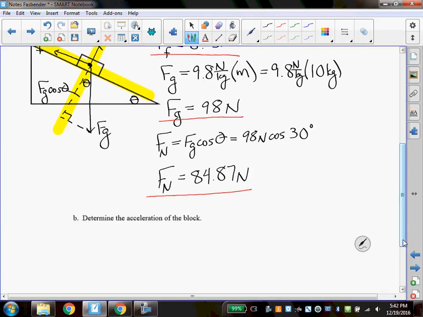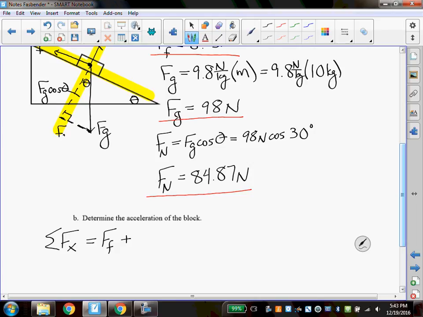If I know anything about blocks and ramps, blocks seem to always want to go down ramps. So first we're going to write a net force equation, summing all of the forces in the x direction for this ramp, so any forces that are parallel to the ramp. Parallel to the ramp, there is the force of friction, because that is pointed up the ramp, and also this parallel component of gravity.